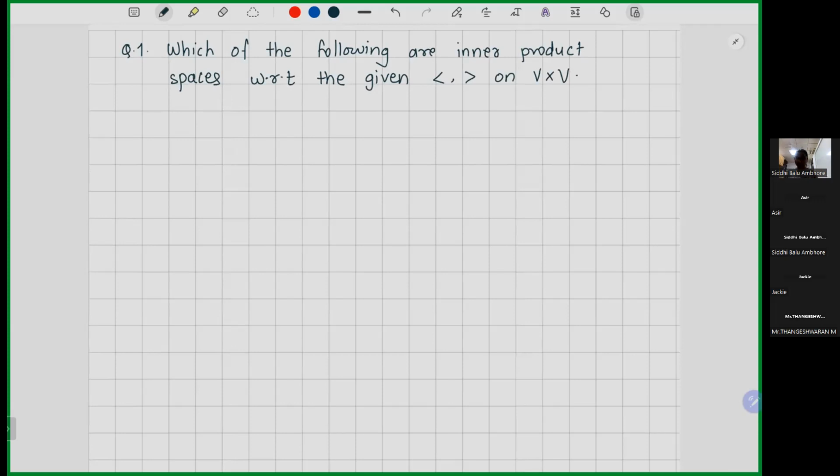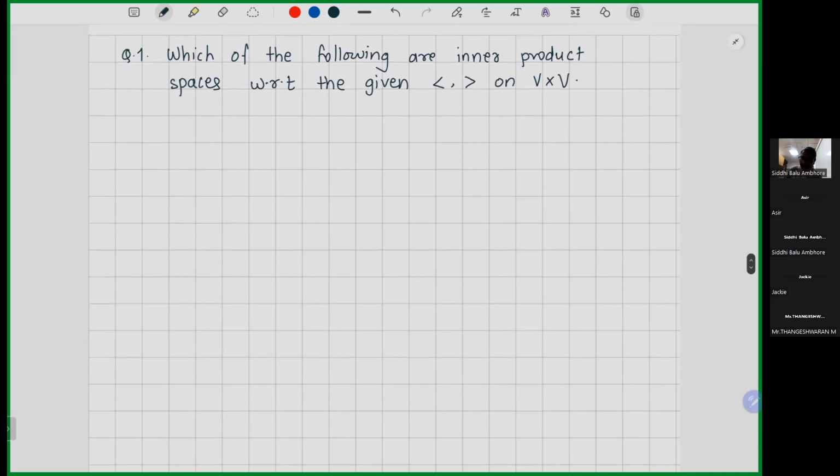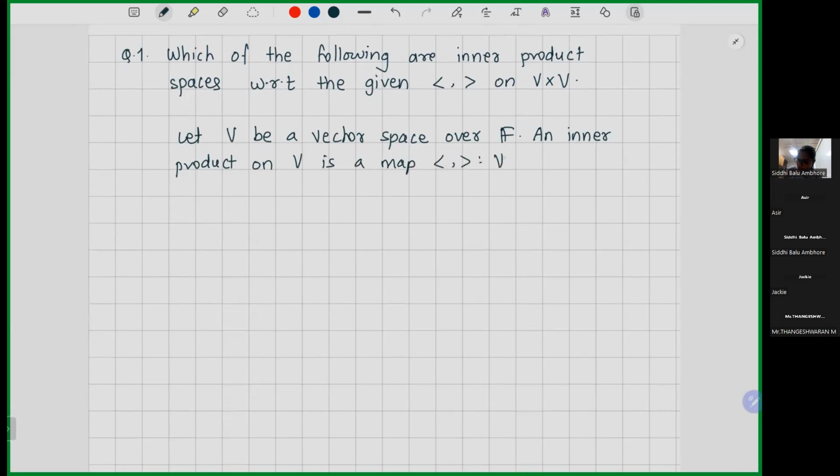So before going to the questions itself, let us start with what is an inner product space. So let V be a vector space over F. So F is any base field, and an inner product on V is a map from V cross V to F, which satisfies certain conditions.